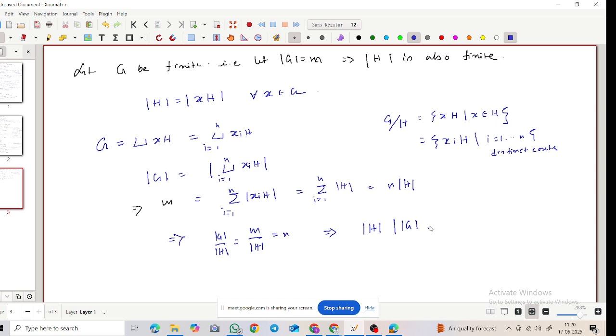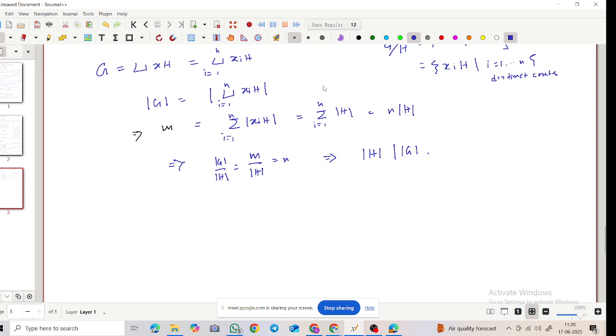So you see, we have shown that the order of a subgroup divides the order of the group. The fact is established, right?